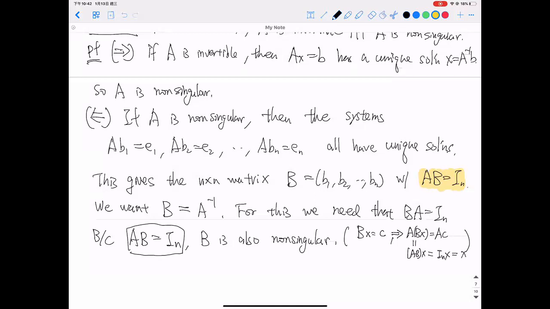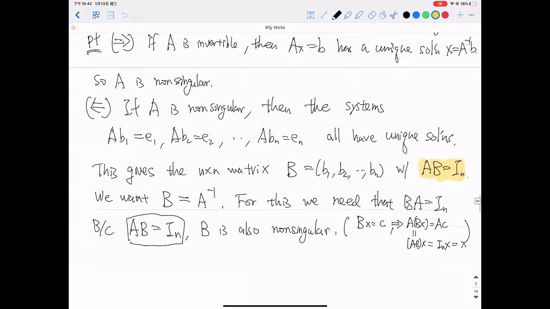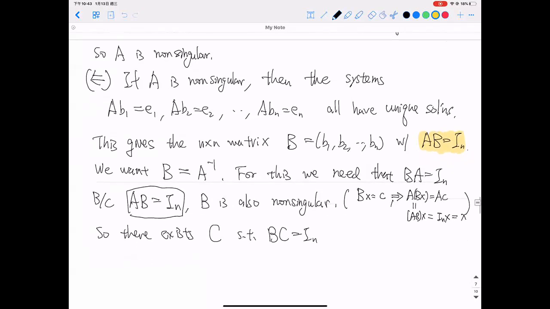Okay. Now B is non-singular, right? So there exists C such that BC is identity. Now what? Now we can do this.